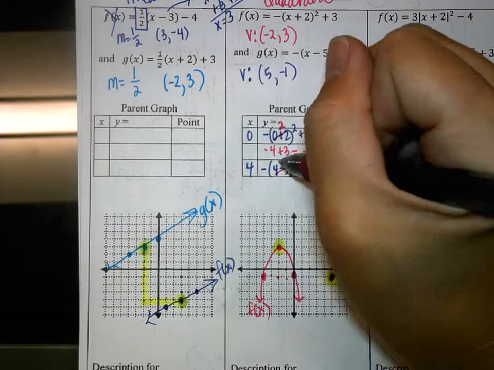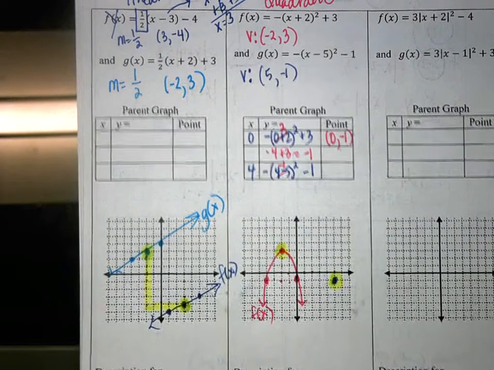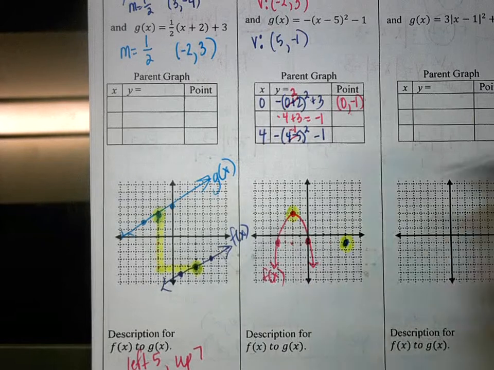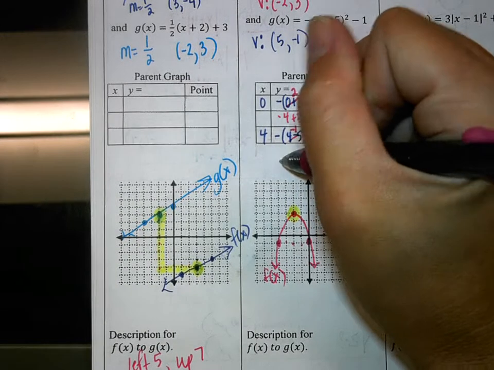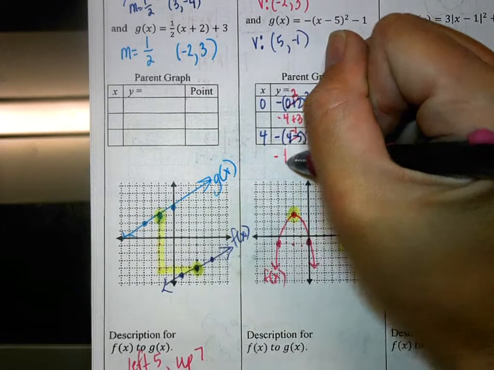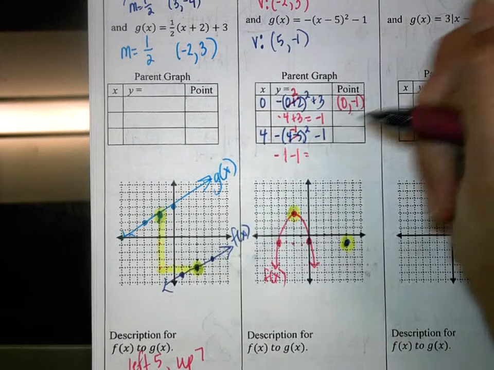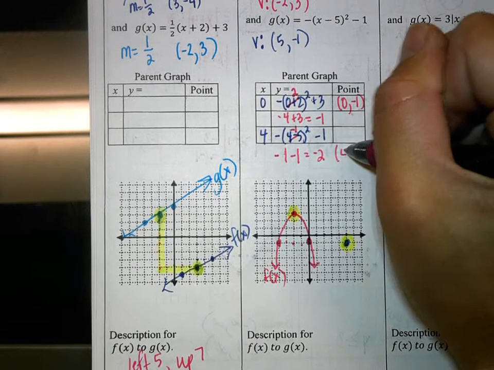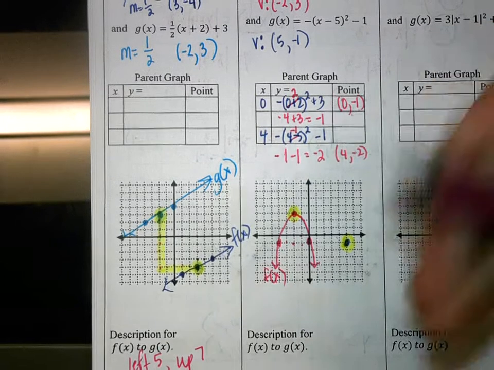Good, -1. And what is -1 squared? +1. Good. So we end up, though, because of the negative on the outside, we still end up with a -1 minus 1, which makes -2. So this point is at 4, -2.